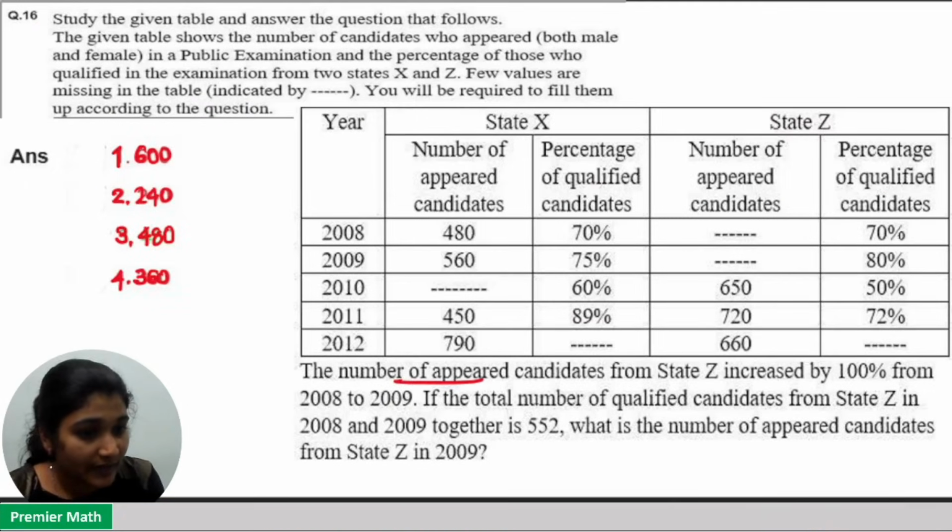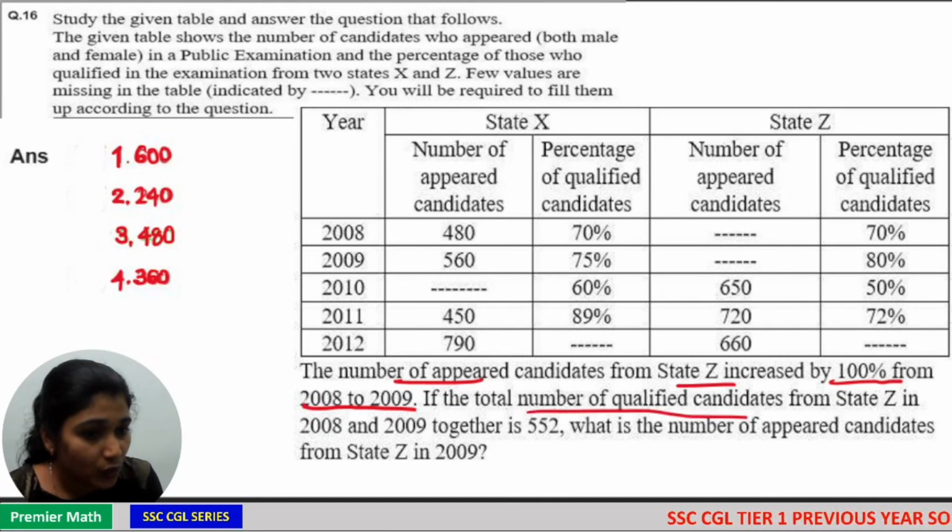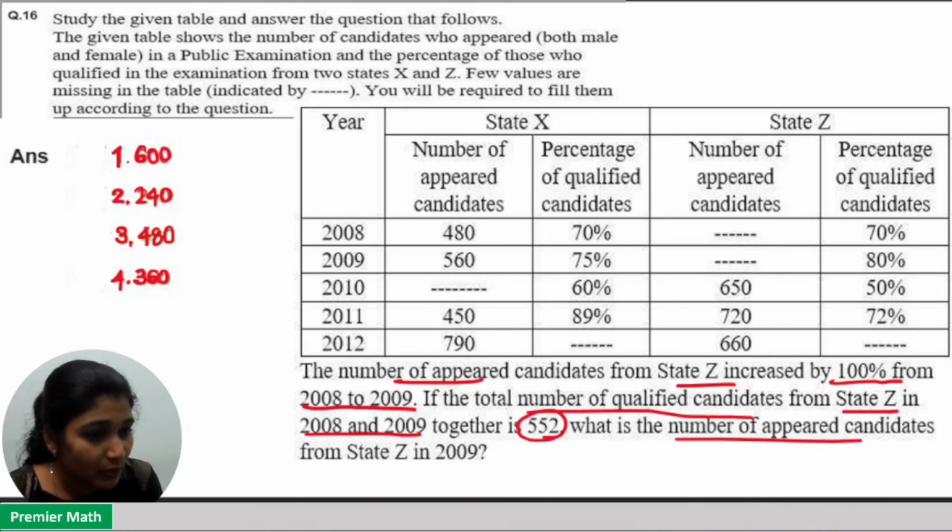The number of appeared candidates from state is increased by 100% from 2008 to 9. If the total number of qualified candidates from state is in 2008 to 2009 together is 552, what is the number of appeared candidates from state is in 2009? Here from 2008 to 2009 increment is 100%.